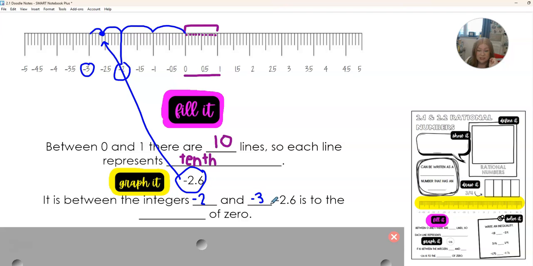So the integers it's between are negative 2 and negative 3. And we know that it is to the blank of 0. Here's 0. It is to the left of 0. So we're just trying to figure out where it goes. So it was between negative 2 and negative 3. And we know we had to go to the left.